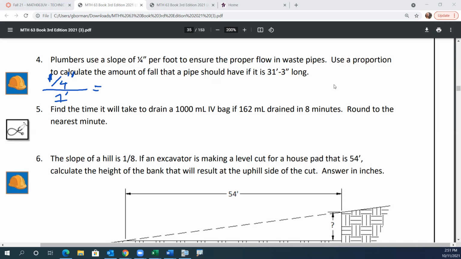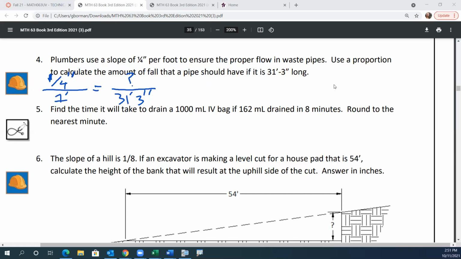Now, we've got a length of pipe right here, 31 feet 3 inches. And since on the first ratio, length of pipe is on the bottom, I'll put length of pipe on the bottom here. So 31.3. And so we're looking for how much fall do we need?